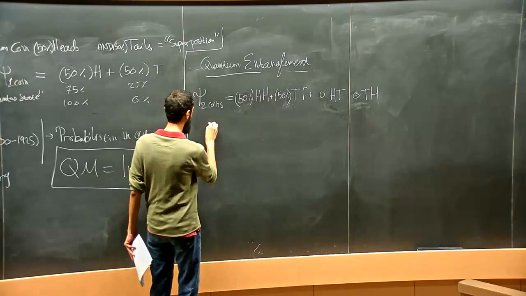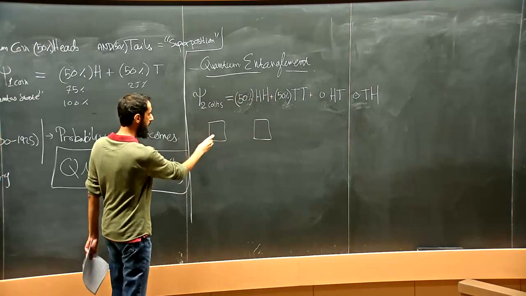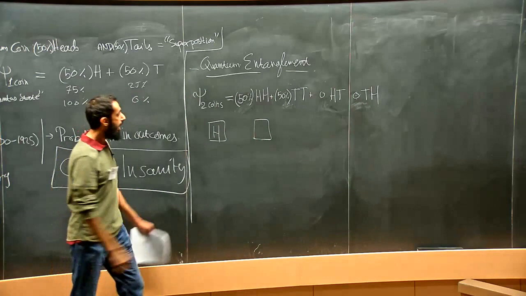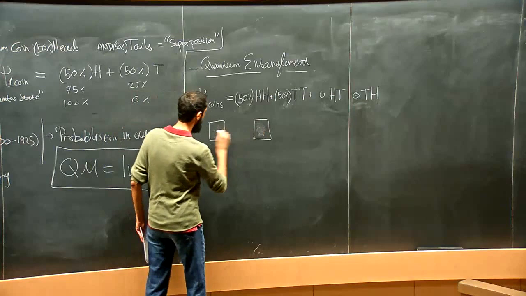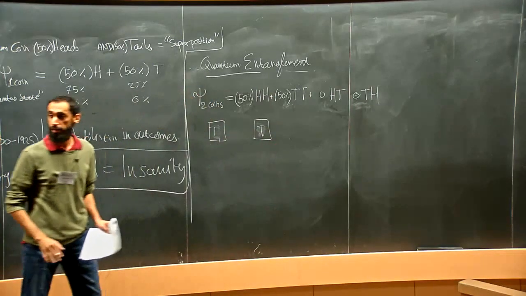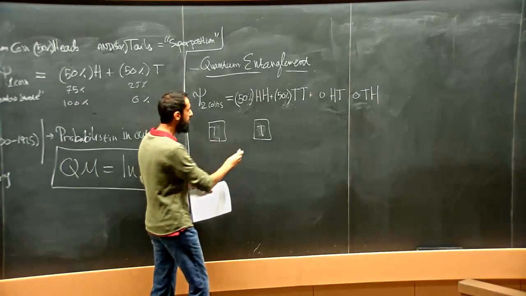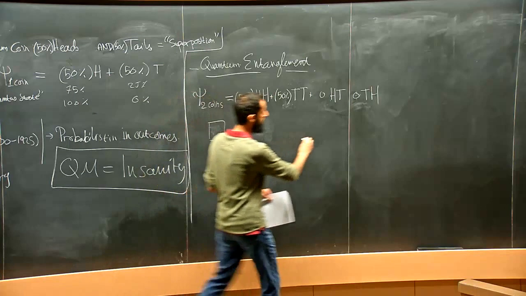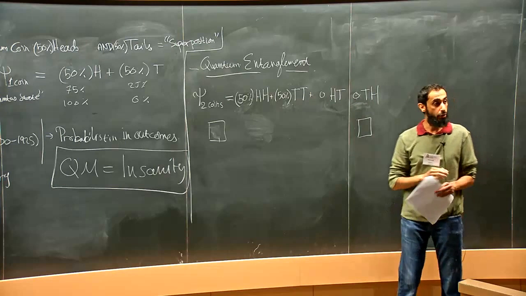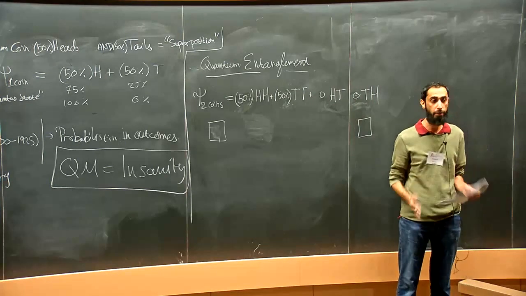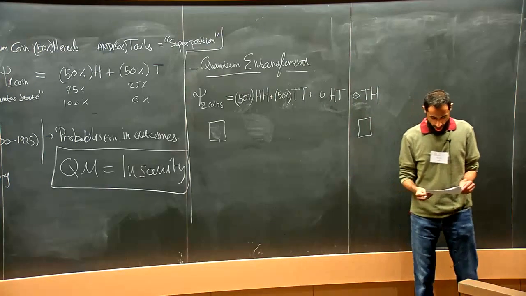If I have the two boxes, and I open this box and find heads, then I will definitely also find heads here. If I open this box and find tails, then the other one is also definitely tails. And this is independent of how close these things are together. I can take this other coin and put it all the way in a different galaxy, and the results of the measurements are still going to be perfectly correlated. Heads, heads, tails, tails, and so on.